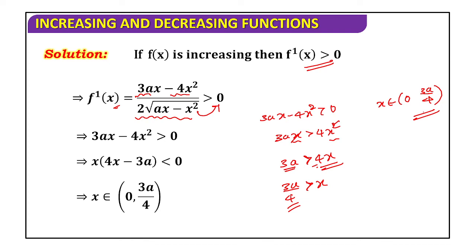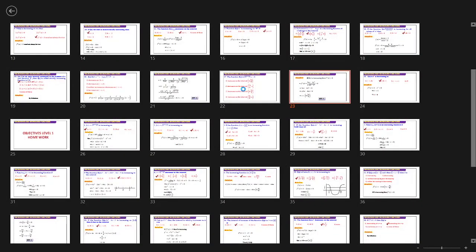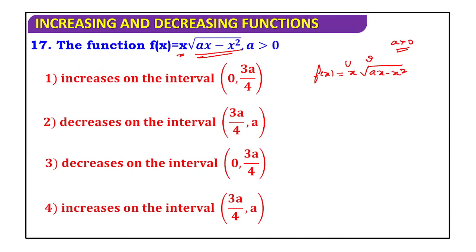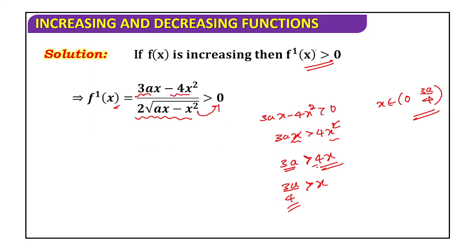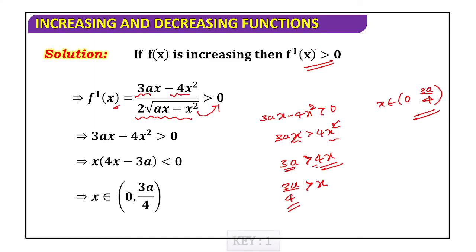Okay, because if you get a negative term for x, this term becomes negative and it comes as a complex number. For that reason, it should be always positive. So therefore 0 comma 3a by 4 will be the right answer.